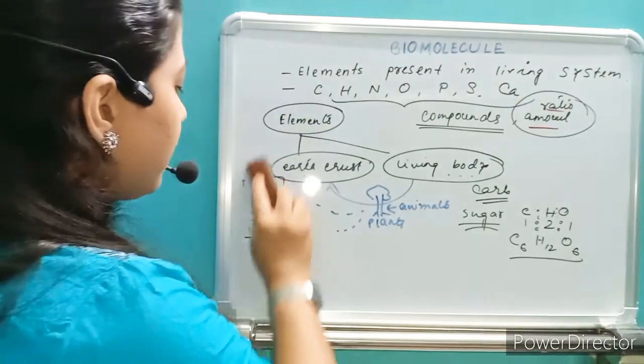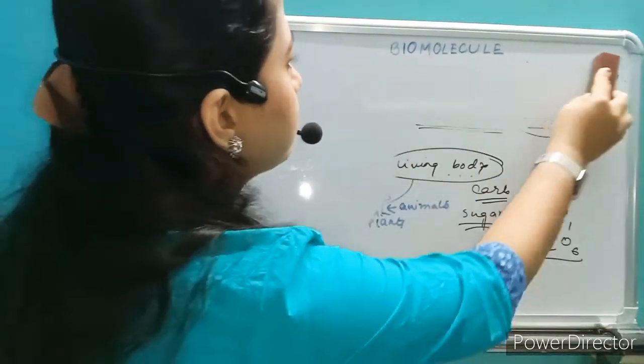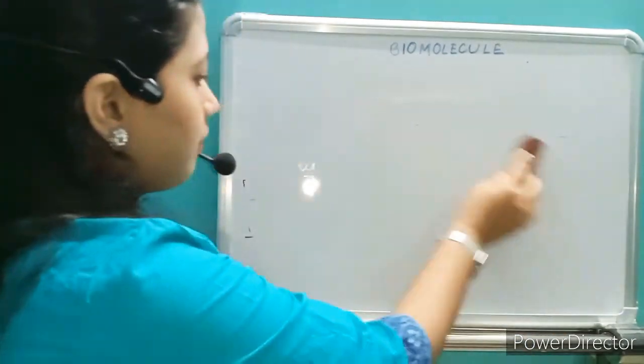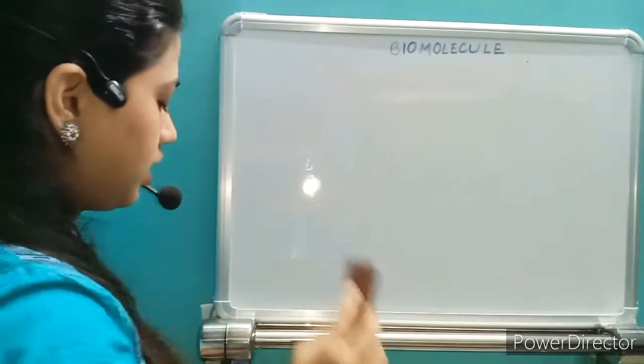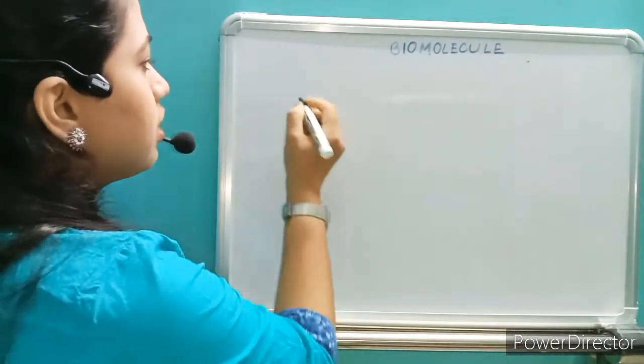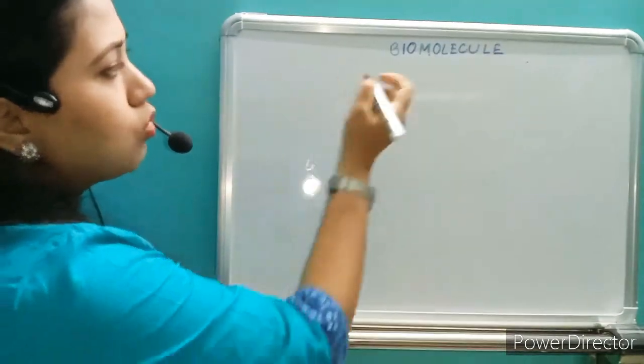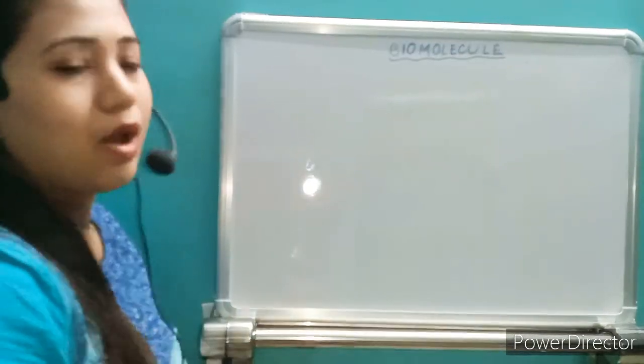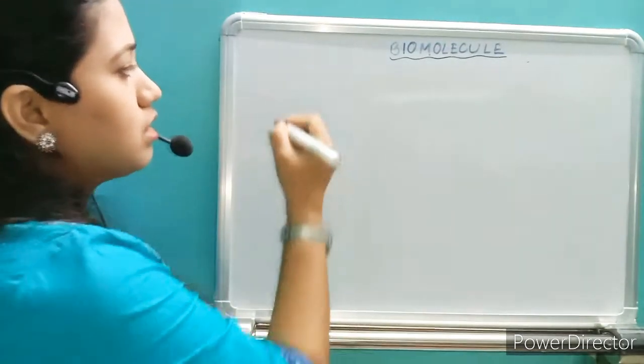So component wise, if you want to see what we have in our living body, we can divide all the biomolecules in our body into these parts.